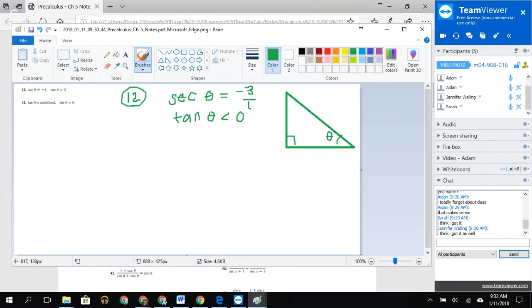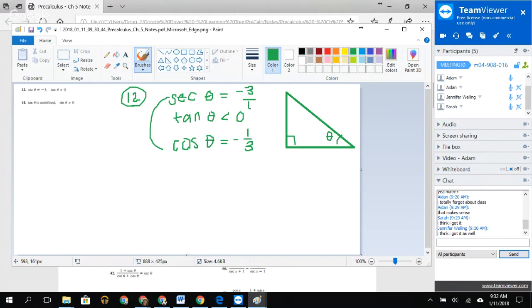So the secant of theta is the reciprocal of the cosine, right? Since the secant of theta is -3 over 1, the cosine of theta is -1 over 3. All right, so we have 2 of the 6 trigonometric functions.